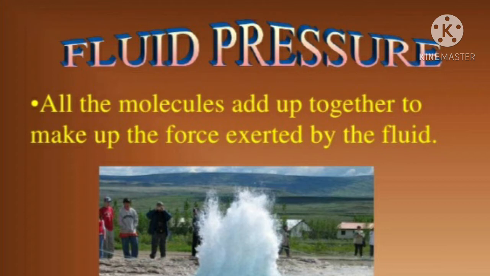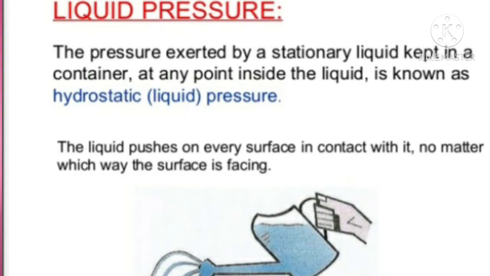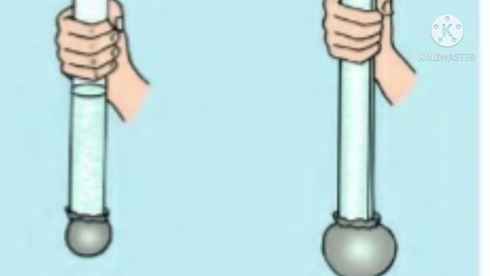Though pressure is exerted by all the liquids, since water is the most common liquid around us, we will be using water as a liquid in our activities on pressure exerted by liquids. Activity 11.8 demonstrates that a liquid exerts pressure on the bottom of its container.